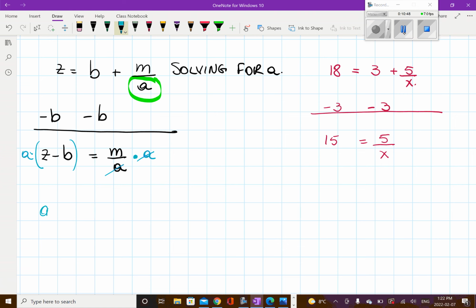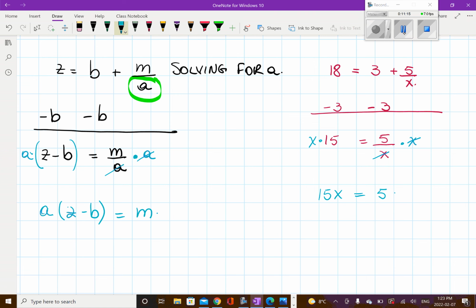So we'll have a times z minus b is equal to m, and the same thing is here, multiply by x on both sides, so that we get rid of the variable that is in the denominator. So we'll have 15x is equal to 5.